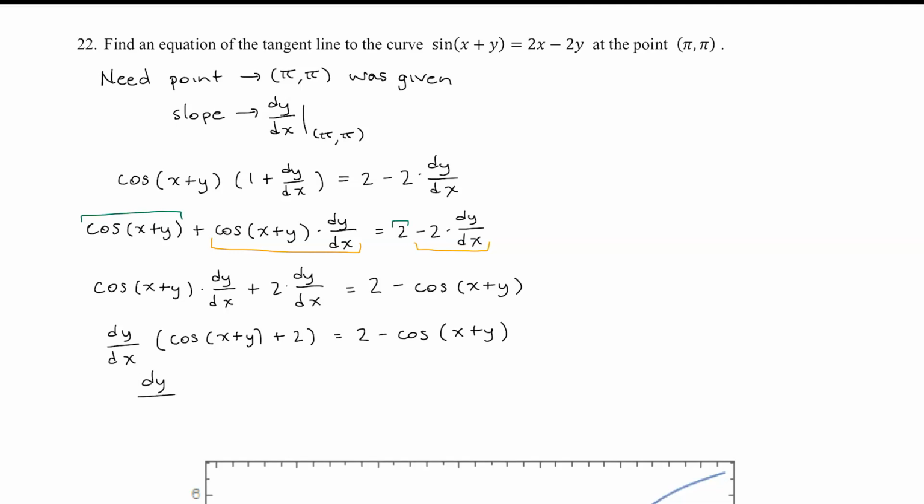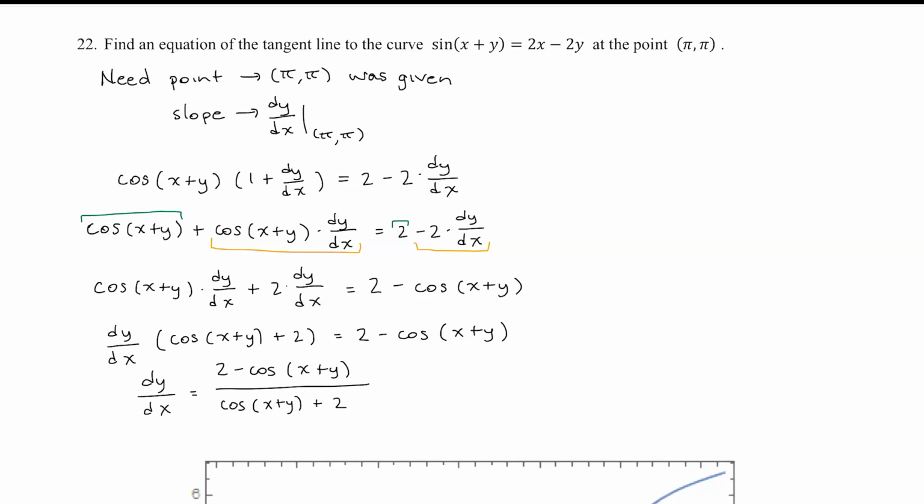And then our last step is to divide both sides by whatever is being multiplied by the dy dx, because again, I'm trying to find dy dx. So I have that the derivative of y with respect to x is 2 minus the cosine of x plus y, all over the cosine of x plus y plus 2.